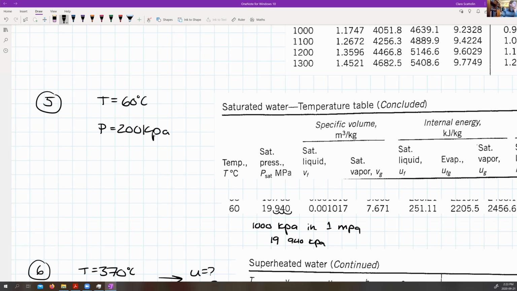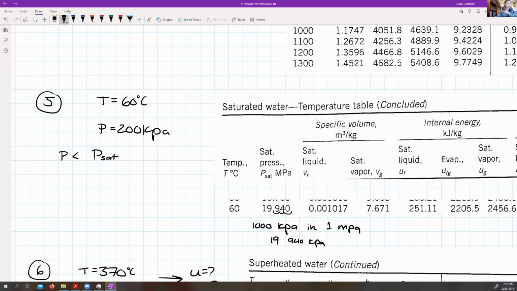So if you look at this, you're going to see that P is much, much, much smaller than Psat. What does this mean? Yes, my pressure is smaller than Psat, which means that we are a supercooled liquid.